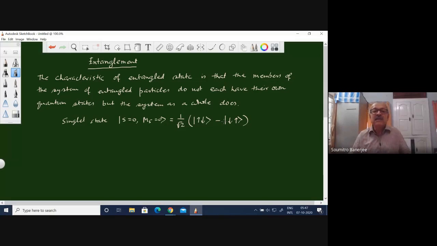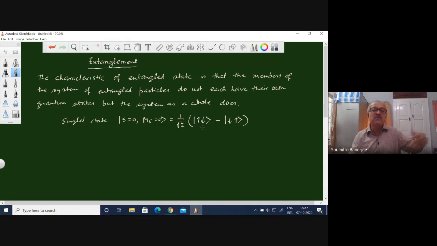Here you notice that this is a situation where the first particle is in the up state, second particle in the down state, and this one is a state where the first particle is in the down state, second particle in the up state. And this whole thing put together is the state of the system, both the particles put together. And this essentially means that each of these are possibilities.